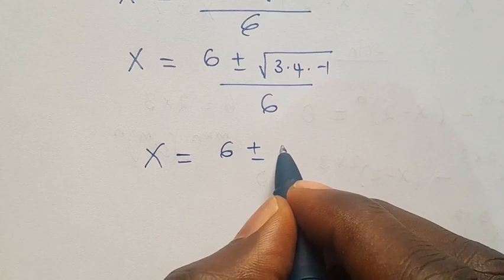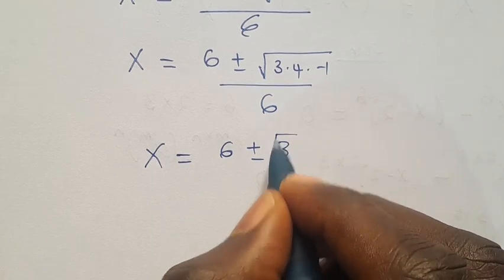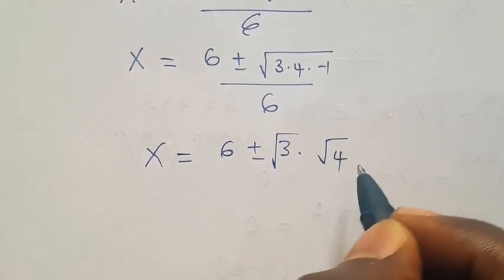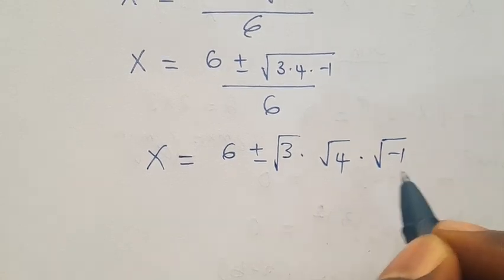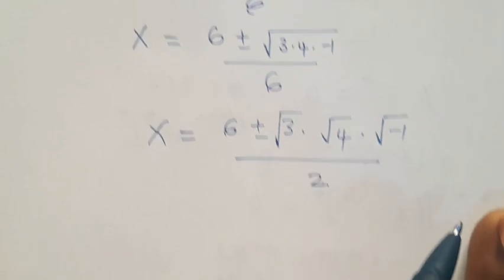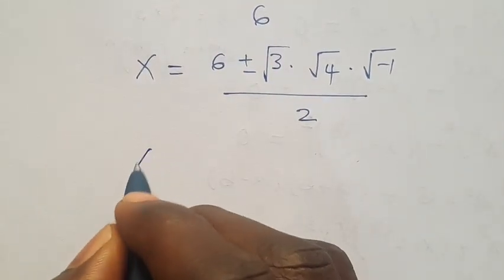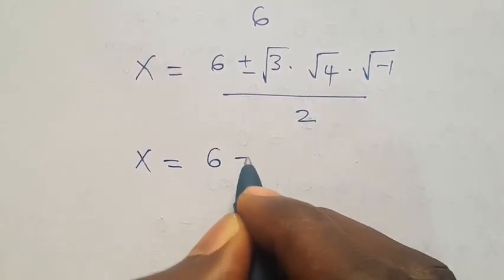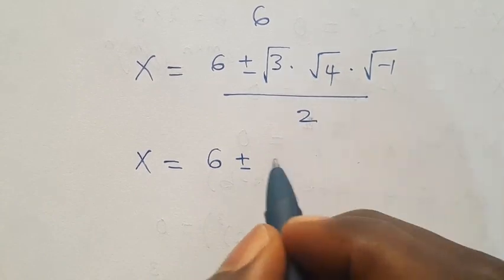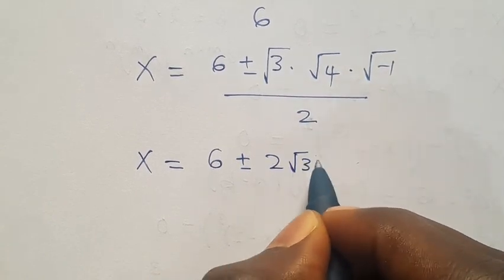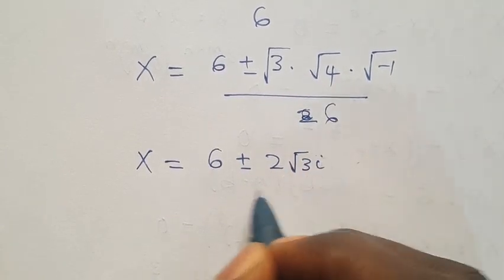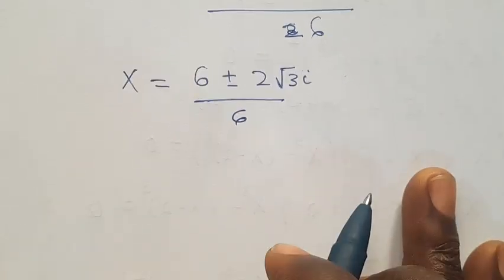this will give us 3 root 3 multiplied by root 4 multiplied by root of minus 1 divided by 2. So we have x equals 6, positive or negative, this will be 2 root 3i divided by 6.